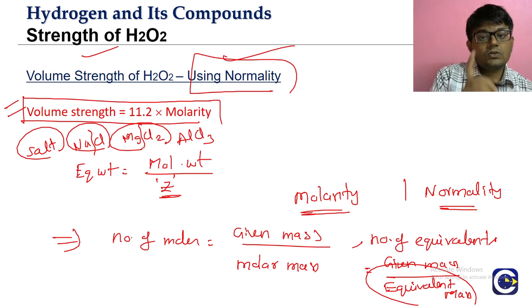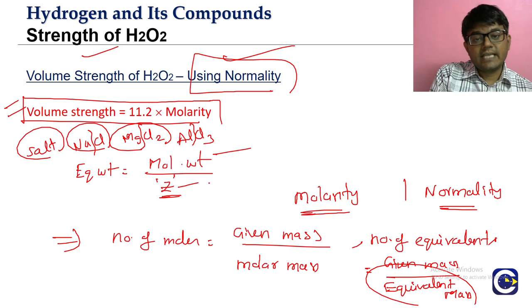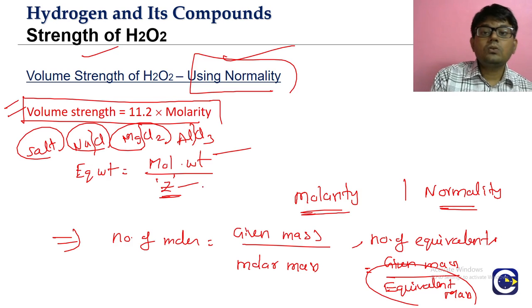MgCl2 means total charge on the cations will be 2. Anions also, what will be the total charge? 2. AlCl3 also, total charge on the cations is 3. Anions, what is the total charge? 3. So we have to simply divide the molecular weight by that total charge on the cations, which will be equal to the total charge on the anions.